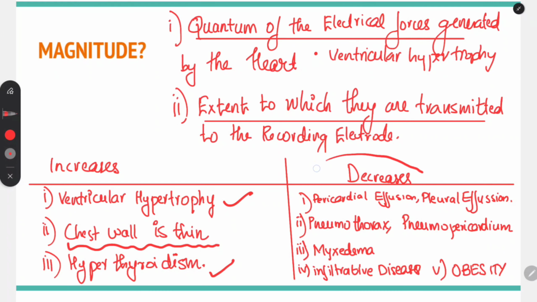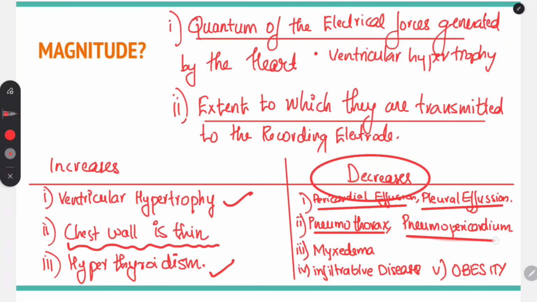And let's see conditions in which the magnitude decreases. Conditions like pericardial effusion, pleural effusion, where there is fluid between the myocardium or the cardiac tissue and the recording electrode. In this condition, the extent to which they are transmitted is decreasing. In conditions like pneumothorax, pneumopericardium, there is the presence of air between the cardiac tissue and the recording electrode.